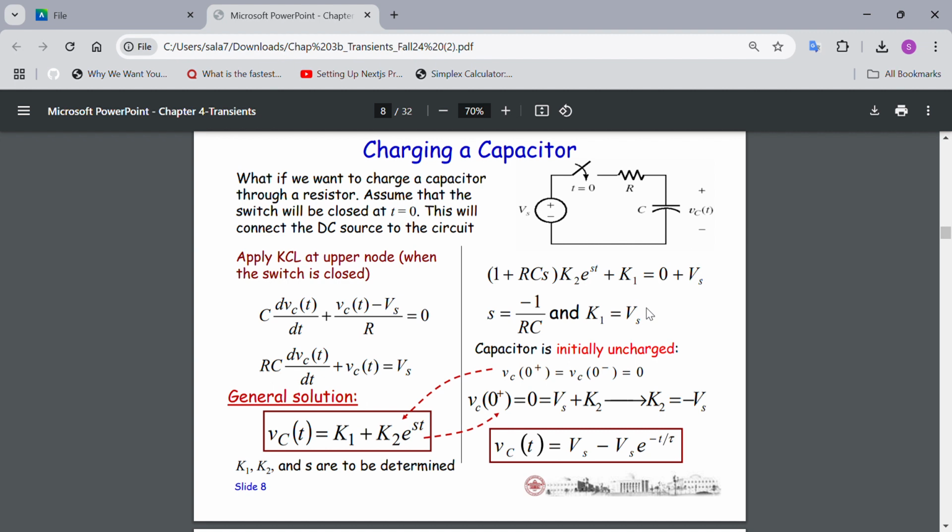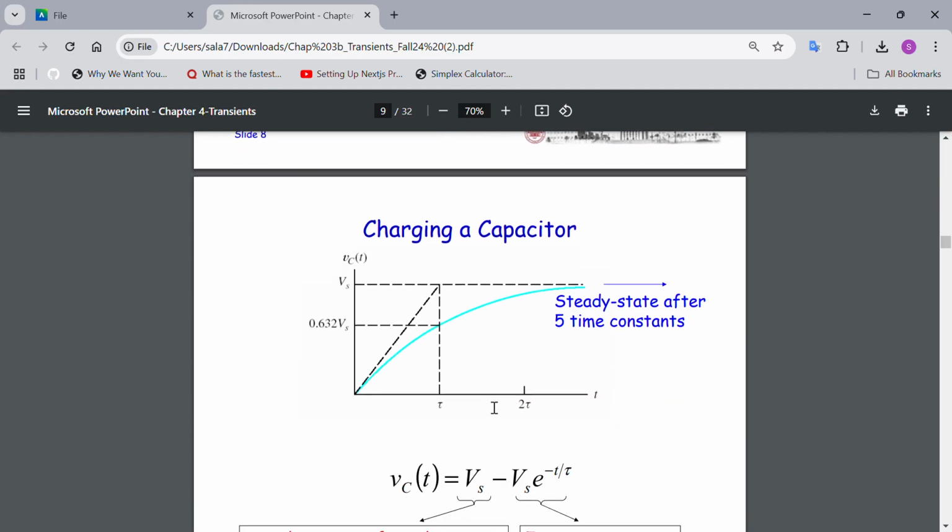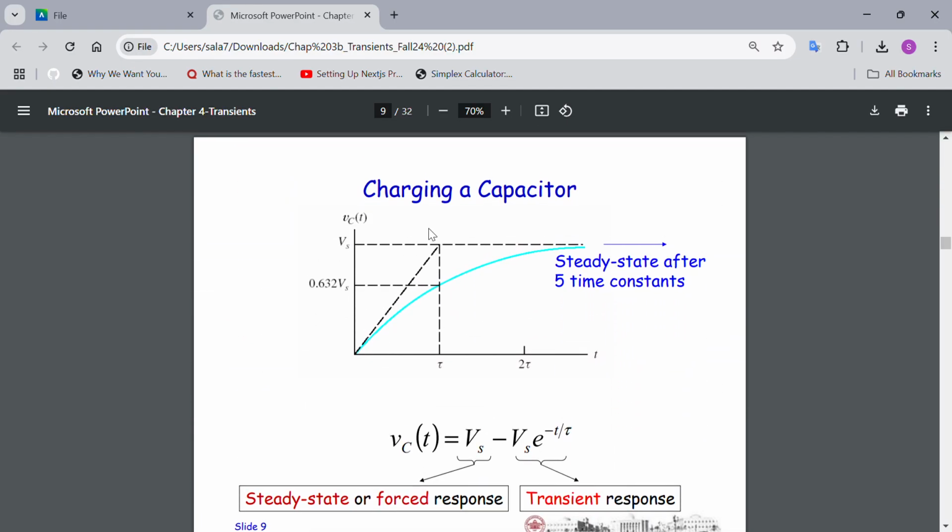So when we charge a capacitor, the general solution is usually of the form Vs minus Vs e to the -t over tau, where Vs is the source voltage and e to the -t over tau is the exponential function. Now if we graph this, charging a capacitor reaches steady state after 5 time constants, when the capacitor is fully charged.